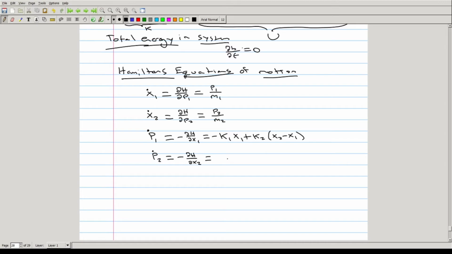And this is equal to negative k2 times x2 minus x1 minus k3 x2.